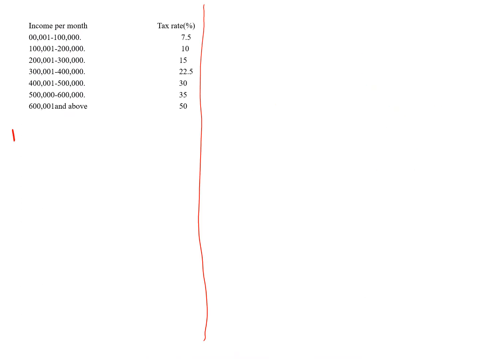So I shall come and say taxable income is equal to gross income minus allowances.